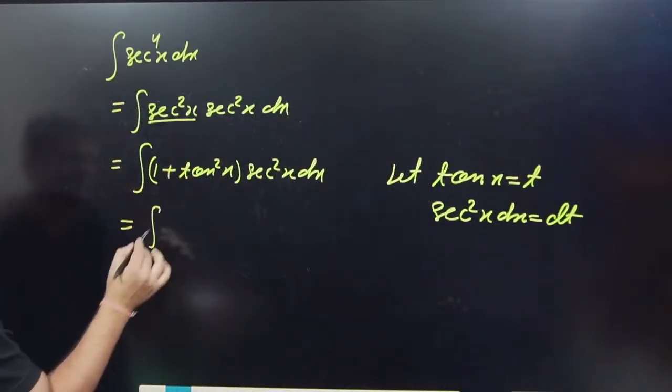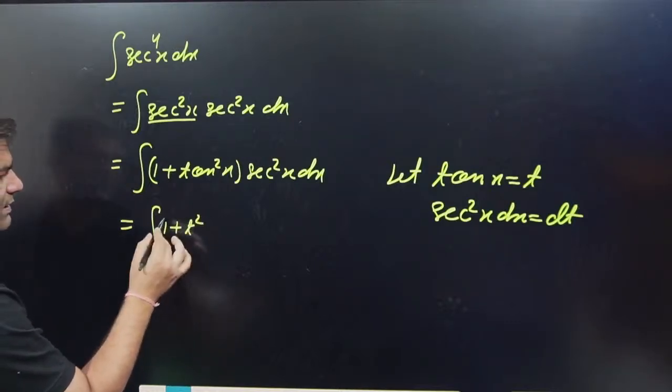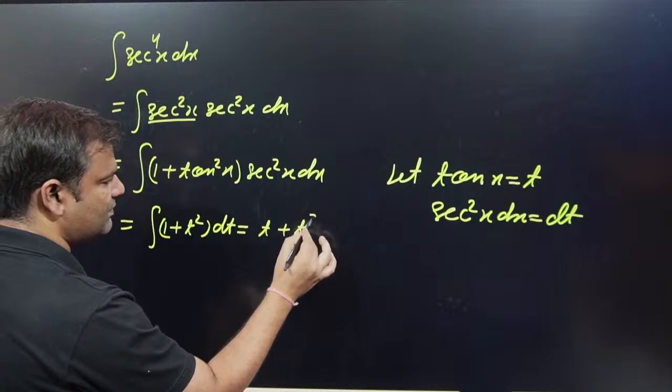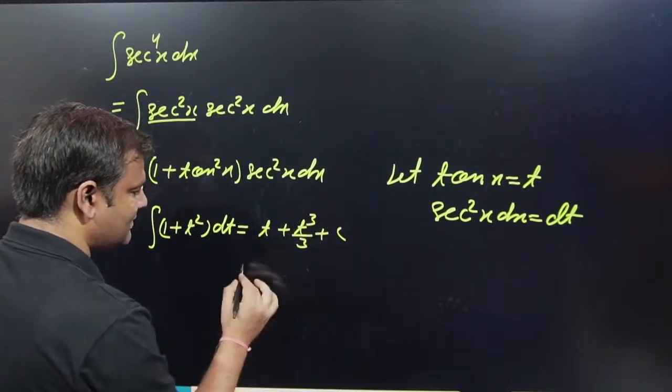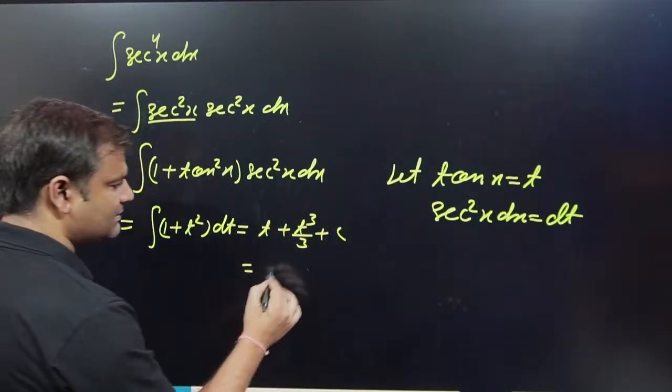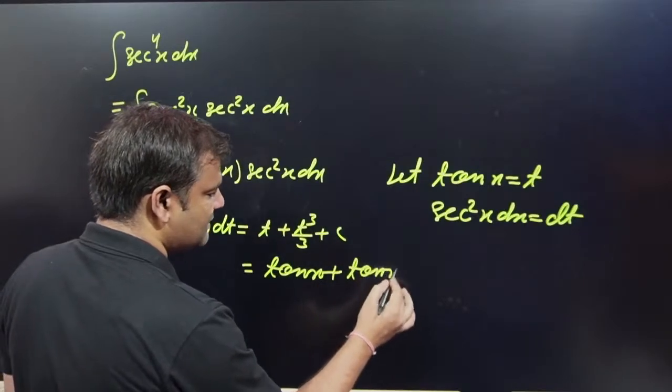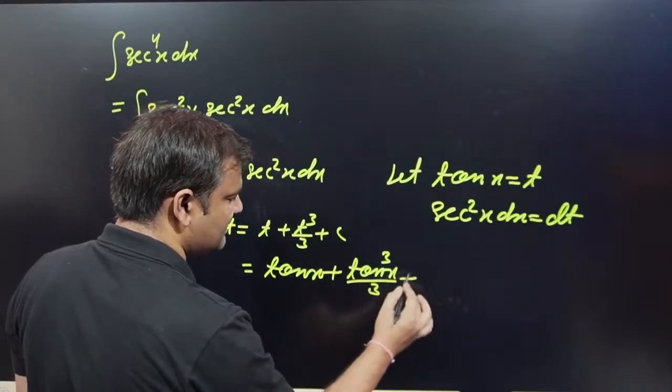So we get integral of 1 plus t square dt, which is t plus t cube divided by 3 plus c. T is basically tan x, so it is tan x plus tan x to the whole cube divided by 3 plus c.